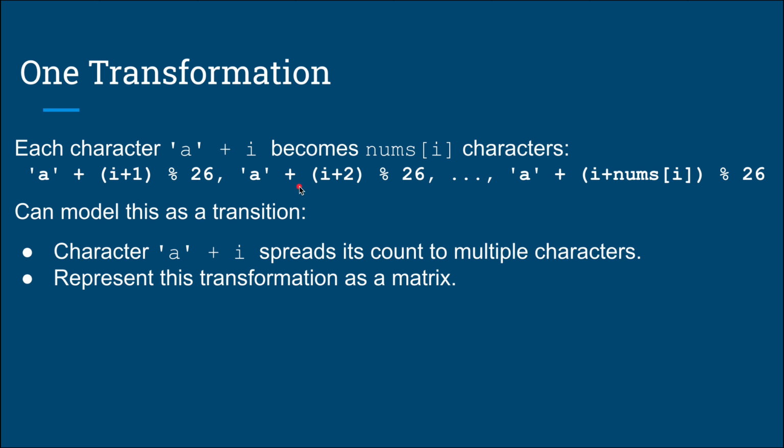And then at a we'll do i plus 2 and so on, and we'll take the modulo, right? Similarly for the 26. So each character becomes the next character for each transformation, right? So we can model this as a transition: character a plus i will split its count to multiple characters, and we will represent it in this transformation matrix, right?